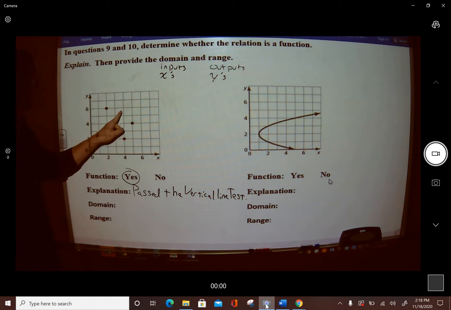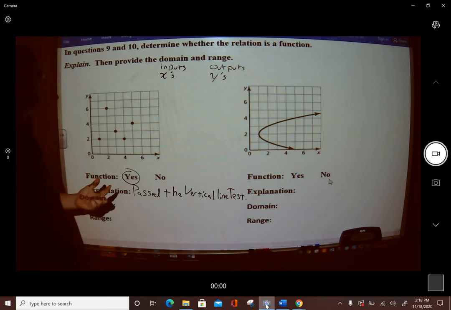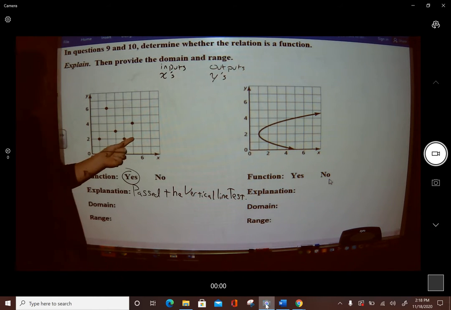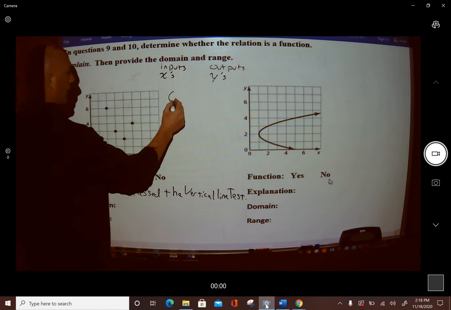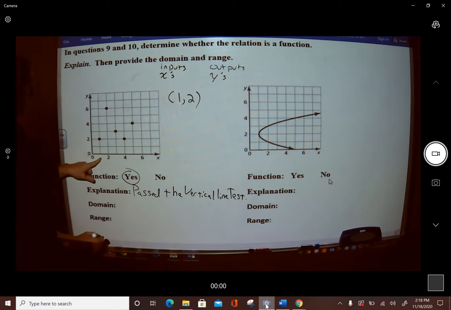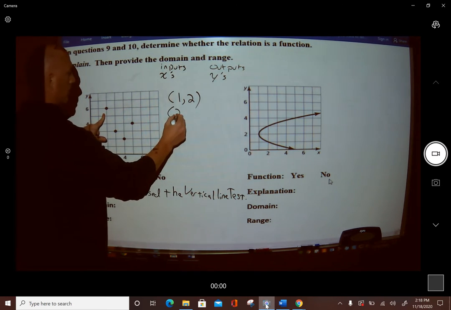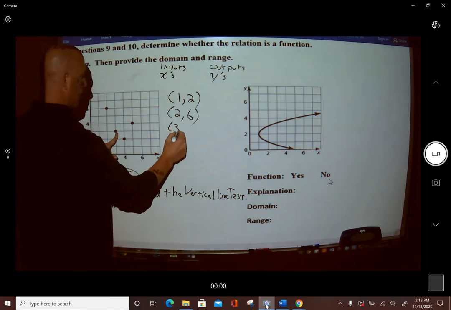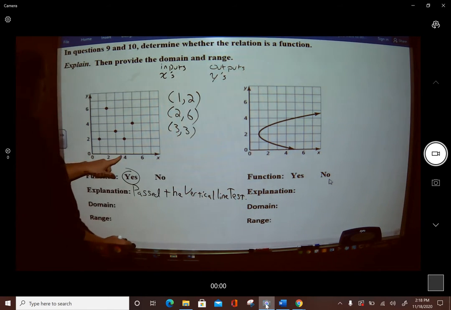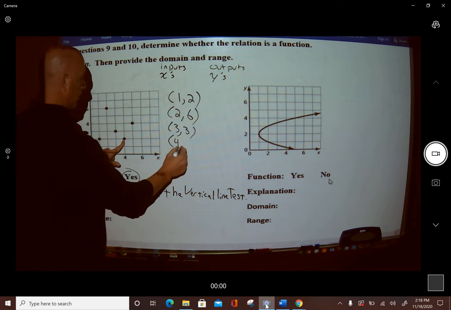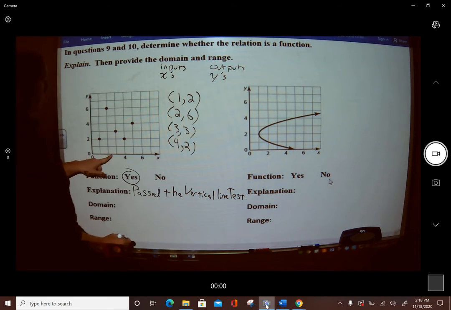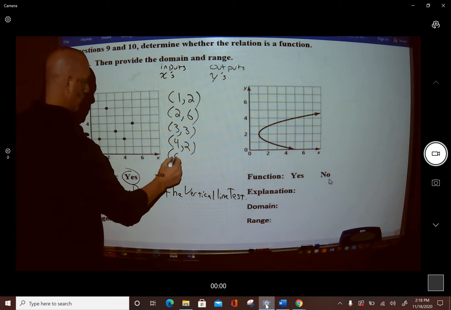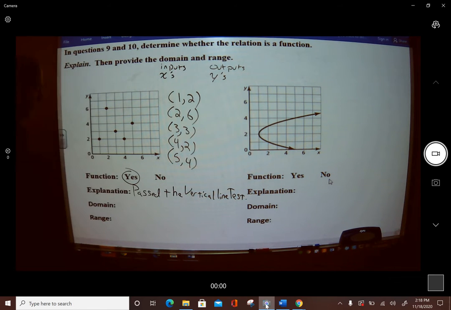So since they gave us points, the easiest way that I can think of is to list out all our points. So this point is at 1, 2. This point's at 2, 6. This point is at 3, 3. This point is at 4, 2. This point is at 5, 4. And that's all of them.